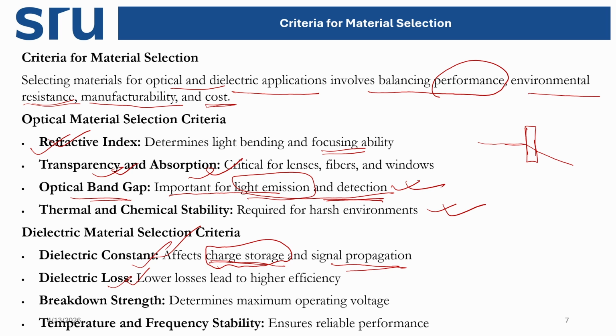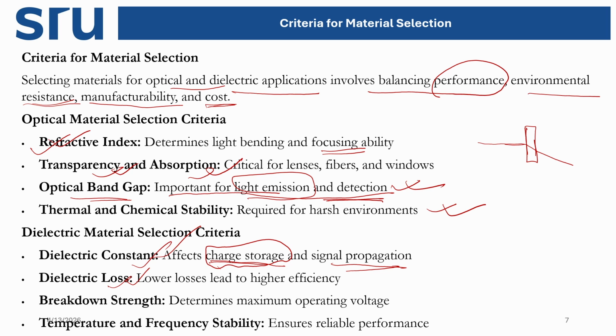So dielectric losses should be considered when you are choosing a material. If dielectric losses are higher, our efficiency will be lower. So we need to make sure the compound has lower losses, so that we can get higher efficiency. Higher efficiency means it is the best choice for applications.